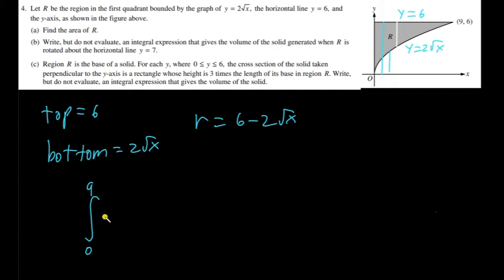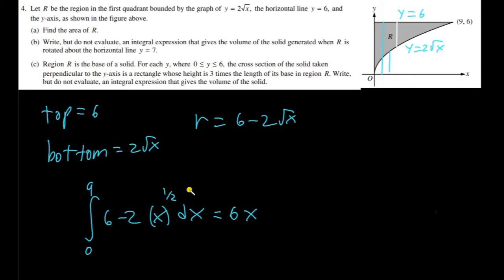So we're integrating this from 0 to 9, and since this is the calculator-inactive part, I'm going to have to do this by hand, and that's the worst thing ever. We'll do an integral by hand. Okay, so we'll integrate this. Integral of 6 is 6x, and for this guy, I can rewrite this as x to the 1/2, because that's what a square root is.